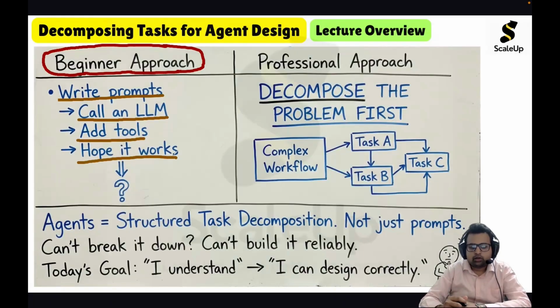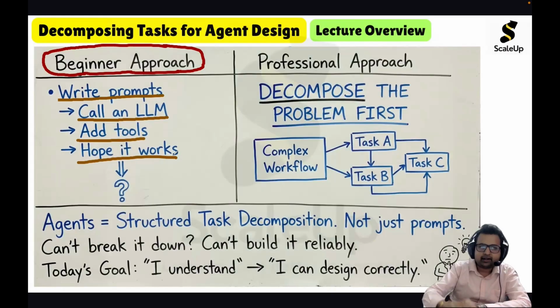Basically, this creates a black box where failures are hard to debug because you don't know if the model failed at understanding the goal, searching for data, or synthesizing the answer.